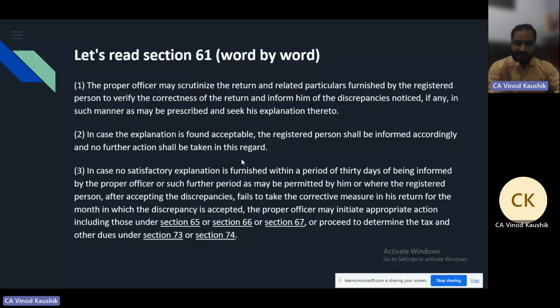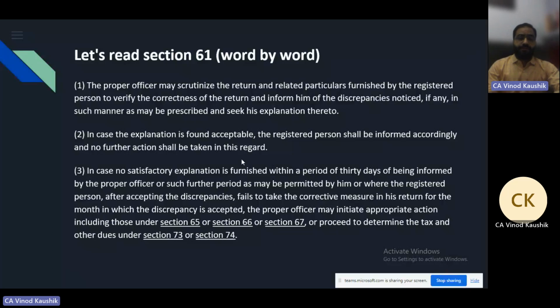We are not able to take corrective actions for those discrepancies. Now the officer is given very important powers to either start a detailed audit under section 65, a special audit under 66. He may take permission of his joint commissioner to get the permission for search and inspection under section 67. And the show cause notice can also be issued under section 73 or 74.